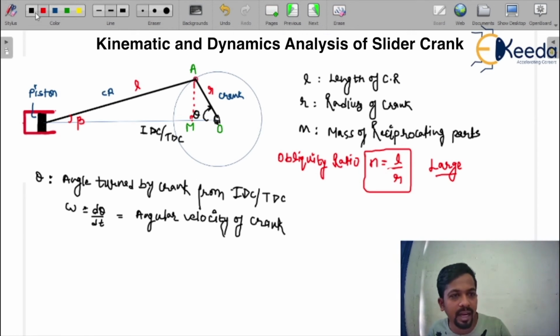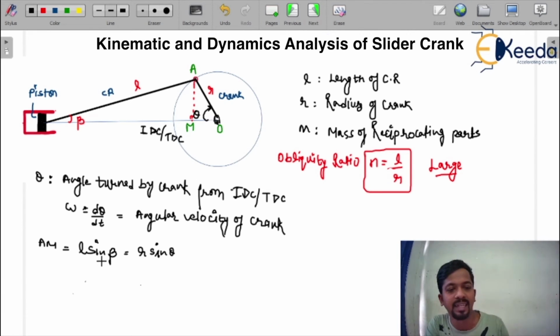So I can write here that AM is equal to L sin beta. This is also equal to r sin theta. You can see in the diagram, this is r sin theta and this is L sin beta. So this is the relation you will get: L sin beta is equal to r sin theta.